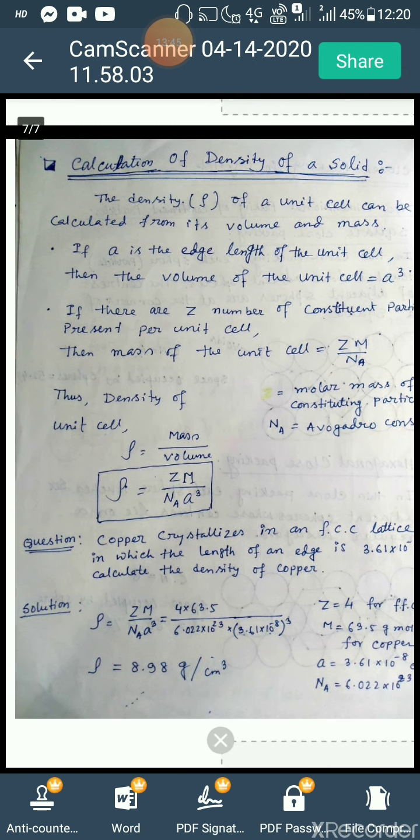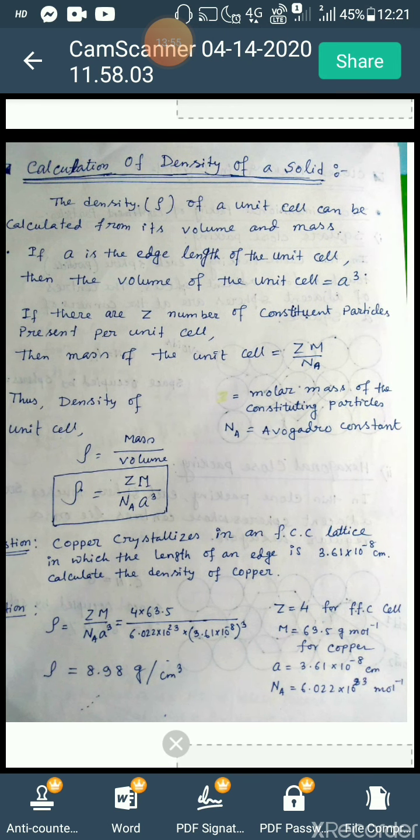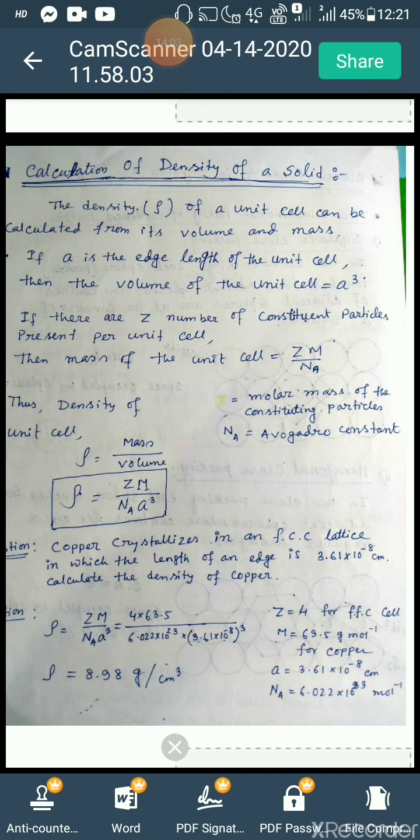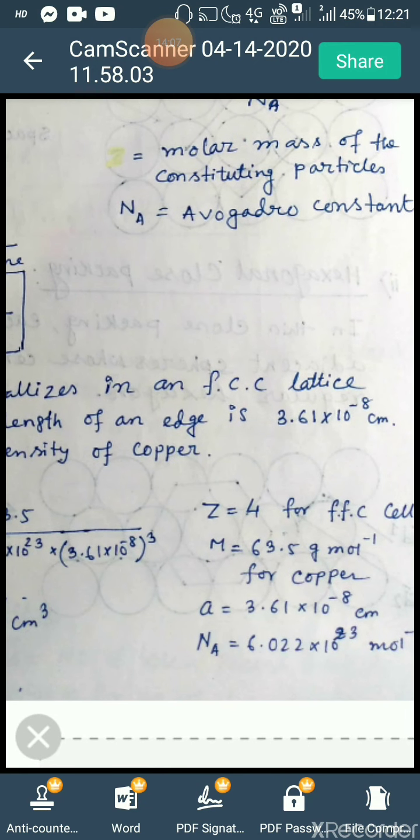Solution: the formula for density of solid is Z M by Na a cube. We know that in case of face centered, the number of constituent particles Z is equal to 4, and the molar mass of copper is 63.5 gram per mole.